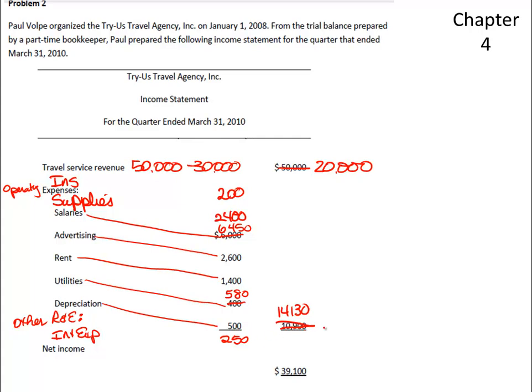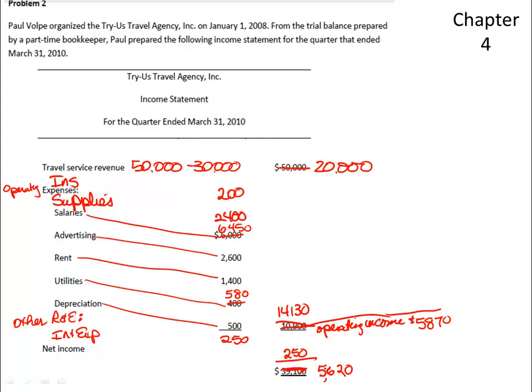So our operating income would be 20,000 minus 14,130, or 5,870, minus our other expenses of 250. So 5,870 minus 250 gives us a revised net income of 5,620.